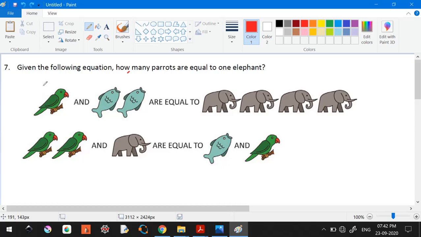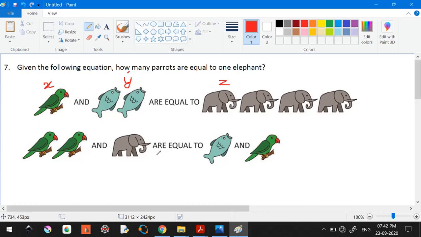So let's call parrot as P, fish as F, and elephant as E. Or usually I go by X, Y, and Z, which will be easier for solving other problems. So let me call parrot as X, fish as Y, and elephant as Z.